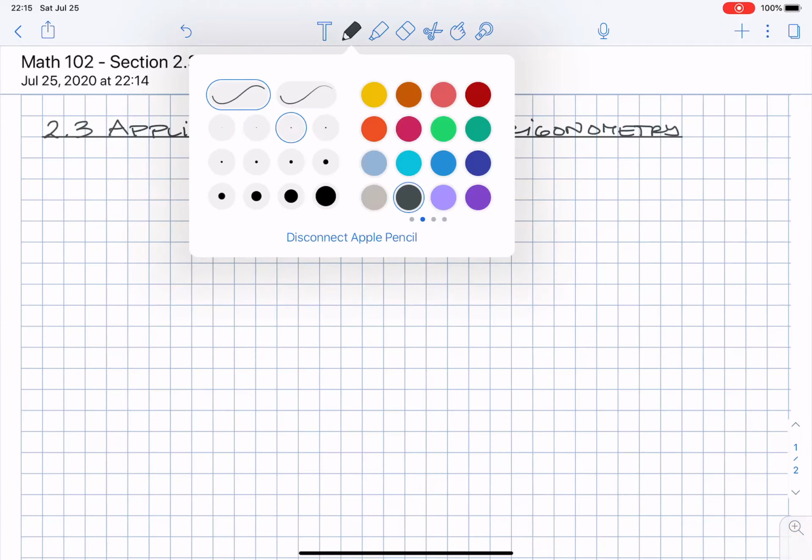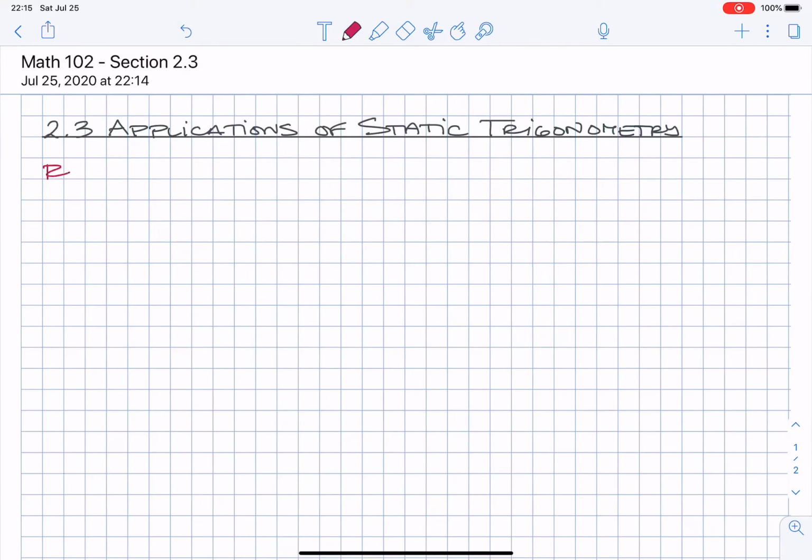Okay, so let's recall. What do we have? If we're given right triangle ABC, oh boy, that's a terrible B. Let me write that better.